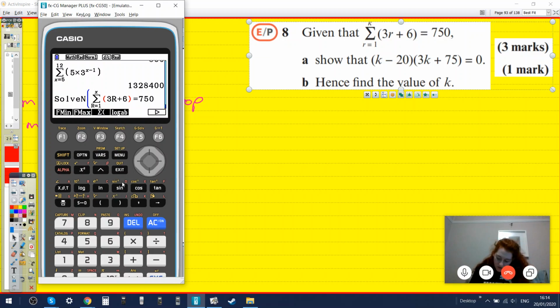Would A for this bit be just 3 times 1 and then adding 6? Yep, 3 times 1 plus 6. So that'd be 9. Yep.